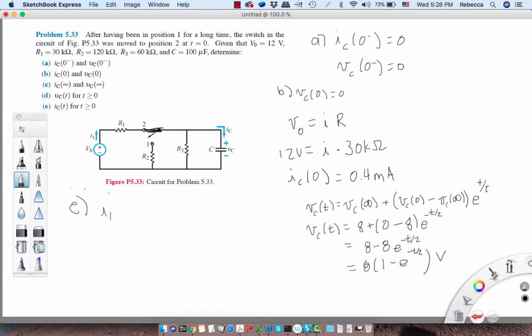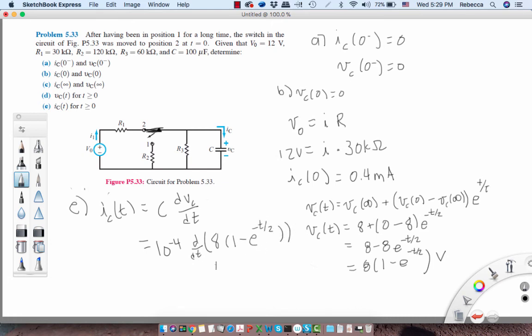So we know that I equals C dV dt. And C is 100 times 10 to the minus 6. 100 is 10 to the second, so 10 to the second times 10 to the minus 6 is just 10 to the minus 4. dV dt is the derivative, d dt, of our expression for V, which was 8 times 1 minus e to the minus t over 2.